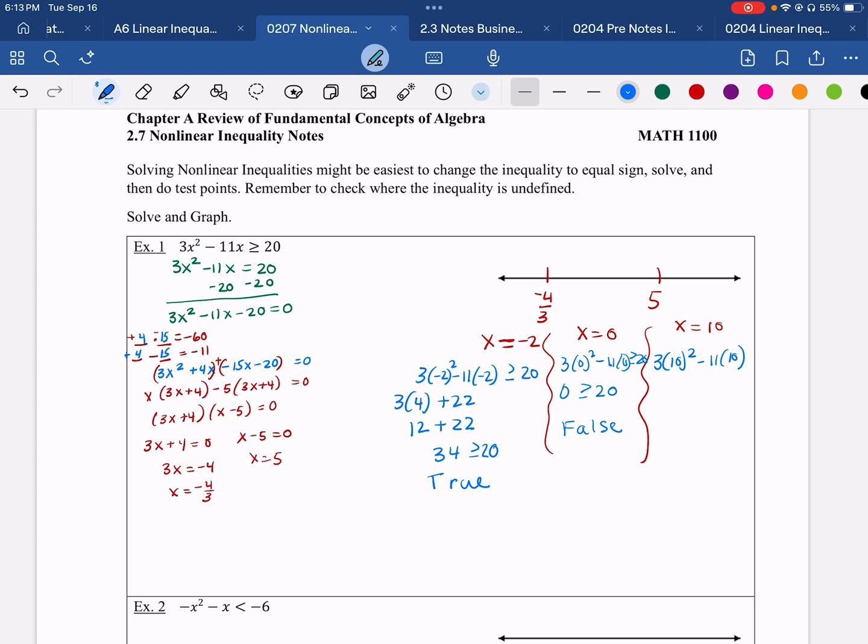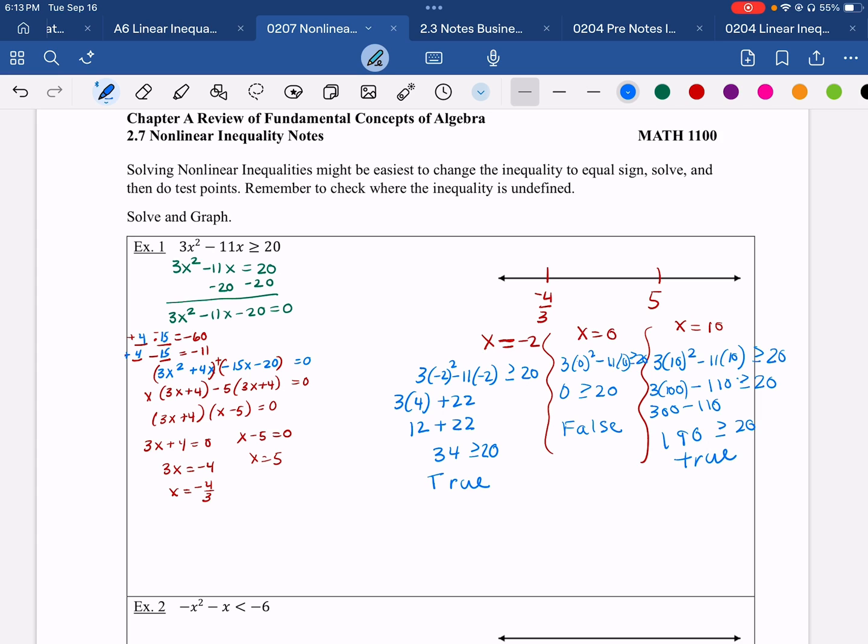If you want to do 6, do 6, it doesn't matter. Greater than or equal to 20. That's 3 times 100 minus 110. 300 minus 110 gives me 190. Is that greater than or equal to 20? And that's true.